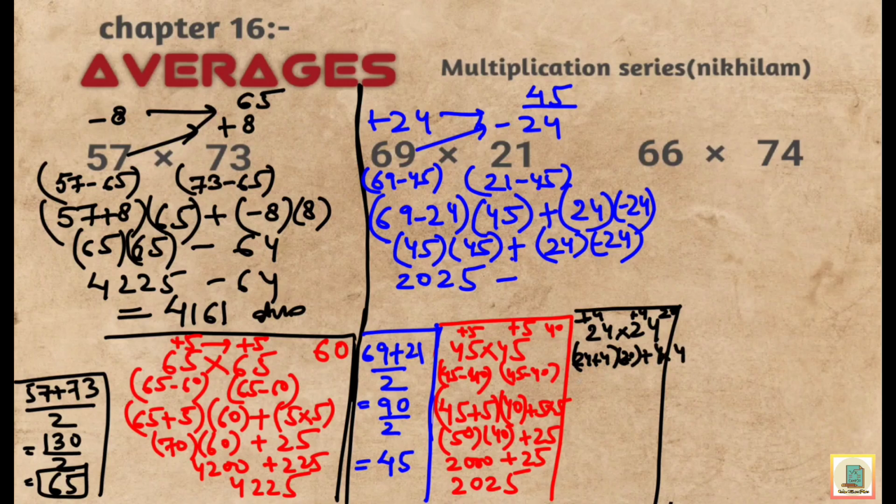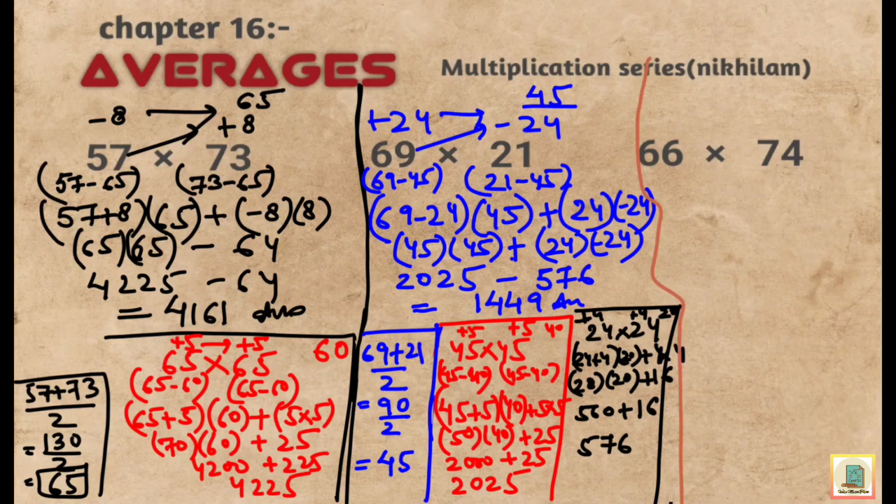So 24 plus 4 gives you 28, multiplied by 20, plus 4 multiplied by 4 gives you 16. So here 28 multiplied by 20 gives you 560, plus 16 gives you 576 as the answer. So we get 2025 minus 576. So the final answer is 1449.